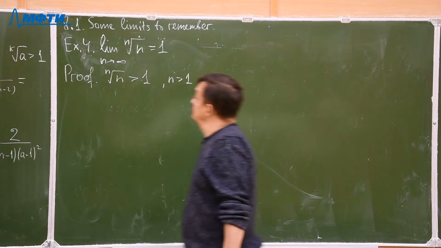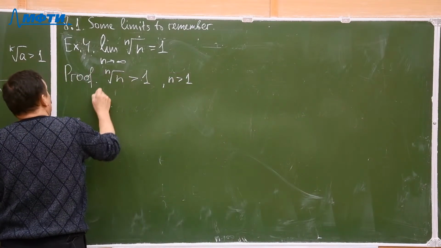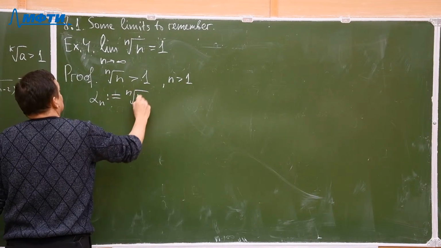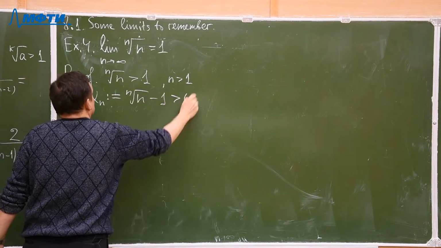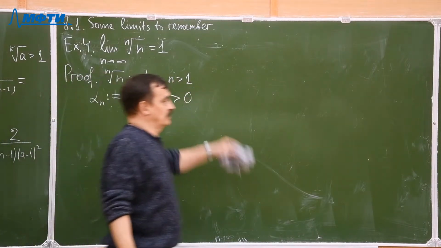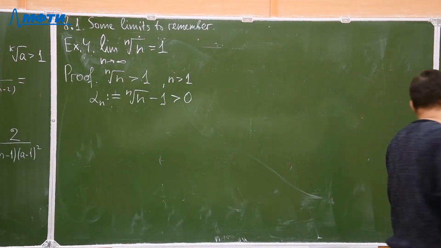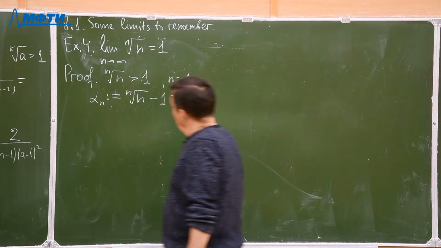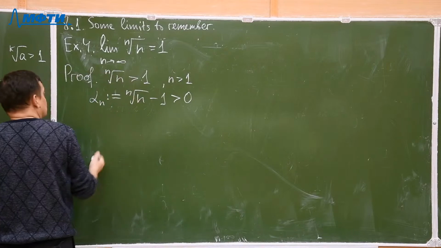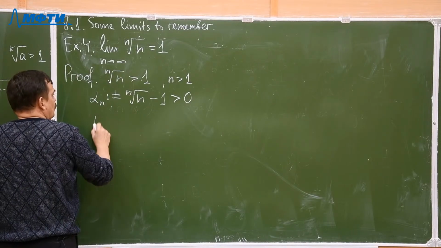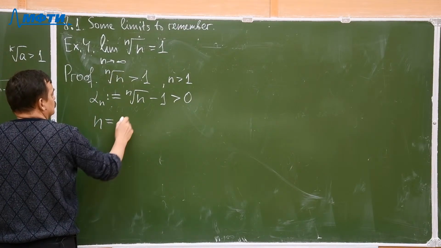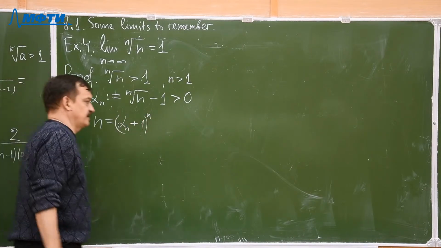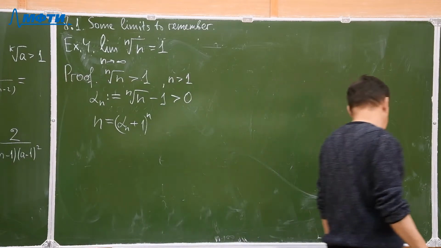Hence, if we denote alpha n equals nth root of n minus 1, that is a positive number for n greater than 1. And we may remark that n equals (alpha n plus 1) to the power n, like in the first example today.